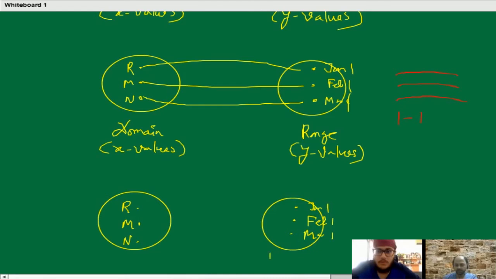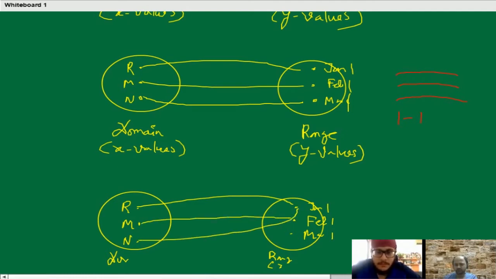Here is the range, that is Y values, and here is the domain, that is X values. Now if we consider that the birthday of Ronaldo is on 1st Jan, Messi on 1st Feb, Neymar on 1st Jan, and Neymar on 1st March, is it possible?